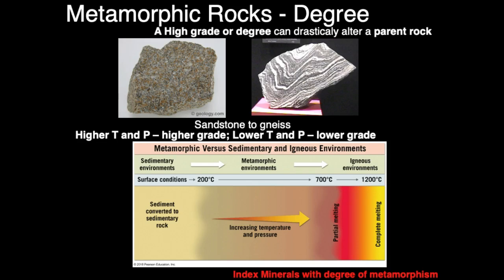So overall, metamorphism occurs at a range of temperatures that lie between those experienced during the formation of sedimentary rocks and the temperatures that approach those at which igneous rocks begin to form, or at which rocks begin to melt, that later on become igneous rocks. So the temperatures at which metamorphism occurs are typically somewhere between 200 and 700 degrees Celsius.